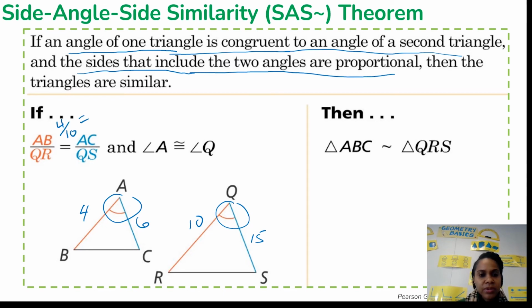That reduces to 2/5, right? And then AC over QS, that is 6/15. That also reduces to 2/5. And so those sides are proportional, and so we could say that these two triangles are similar using the side-angle-side similarity theorem.